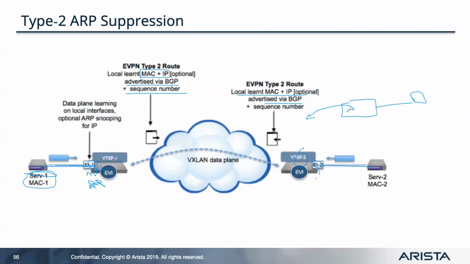That's the reason that with EVPN we are able to suppress ARP in most cases, because once this local device learns the ARP, it will advertise it to everyone. It's just a matter of time before that local device communicates with any other device or through the gateway. Once ARP and MAC are learned, it will be advertised.